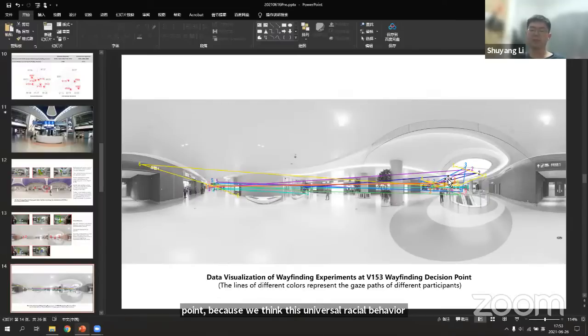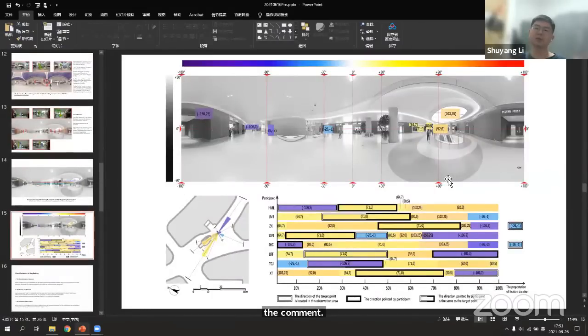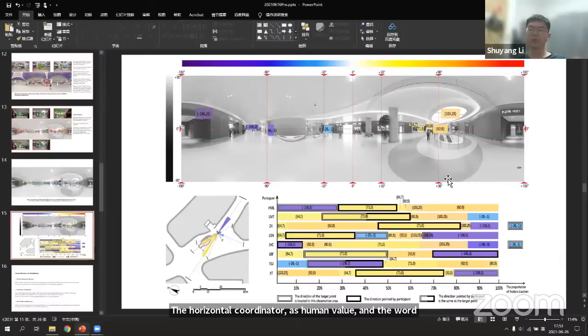So we project the gaze paths of multiple participants on the panorama of this decision point, but it seems not easy to find the common visual behavior in this diagram. So we changed our approach and used color codes to label the interest area for each participant, and we define the horizontal coordinate as the hue value and the vertical coordinate as the brightness value.